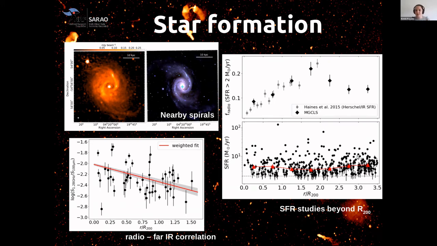So those are really nice population studies that you can do with the data. And in terms of individual star-forming galaxies, we have some really nice examples of nearby spirals that are being picked up where, as expected by now, you can see, for example, the disk is much larger in the radio than what you pick up in the optical.